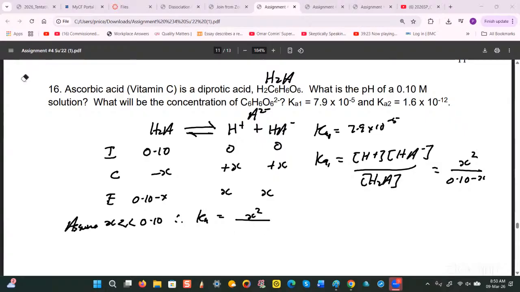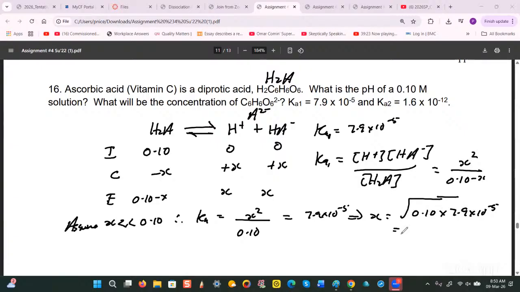That's what should be down here. X squared over 0.10, which is equal to 7.9 times 10 to the minus 5, right? This implies that X will be equal to the square root of 0.10 times 7.9 times 10 to the minus 5. So let's see what that gives.